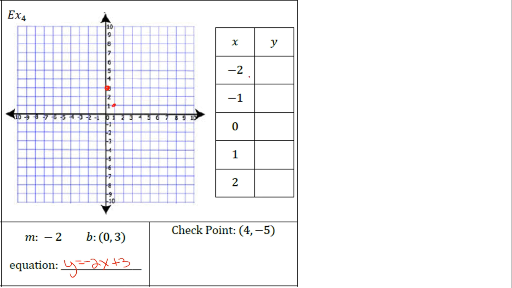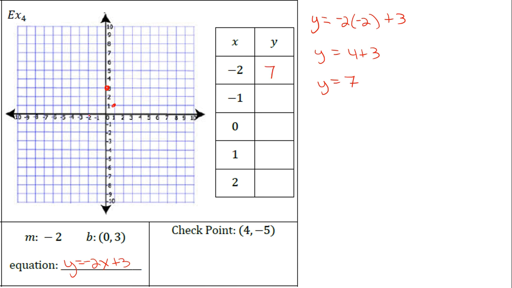But since we already have to create a table of values to complete this table, let's just go ahead and plug in. So I'm going to say y equals -2 is my slope. I'm going to plug in -2 for x, and I get y equals 4 plus 3, so my y is 7. So when x is -2, y is 7.